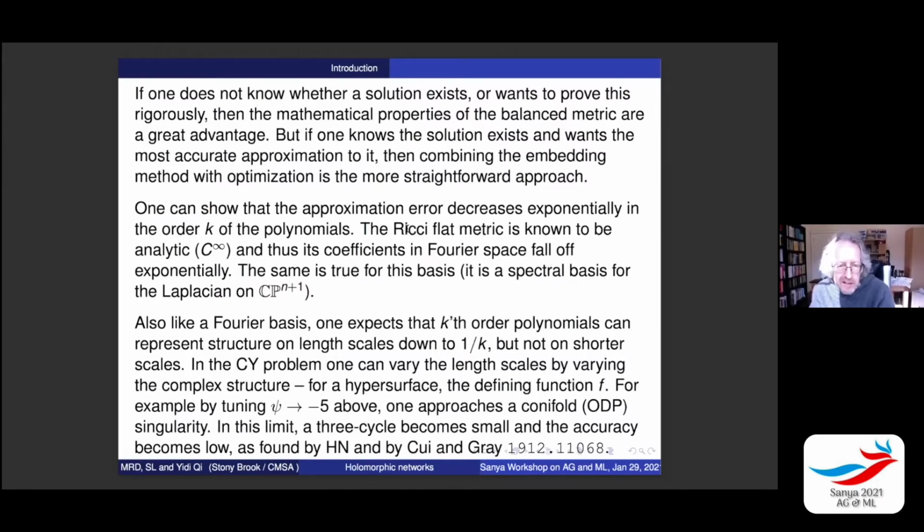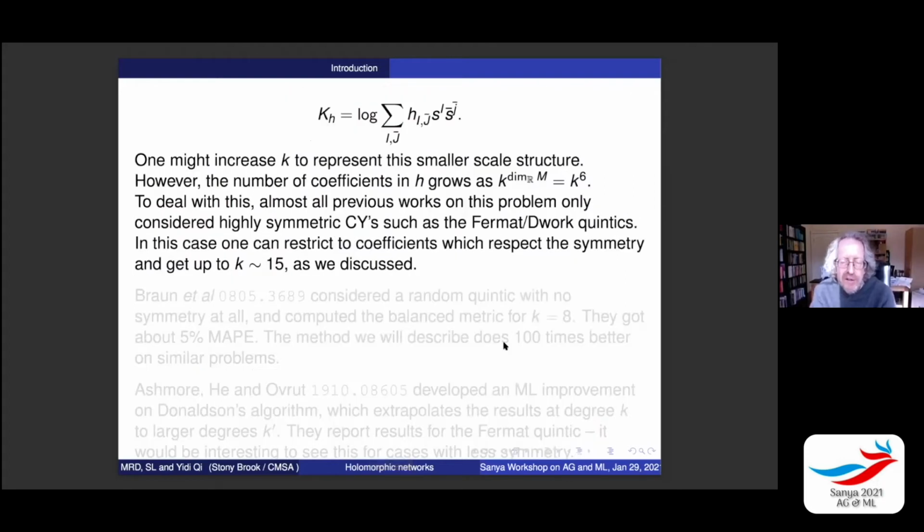So there's the bias and then the local structure of the error, and you can only represent functions with structure down to some given length scale. And of course, as I commented before, if you don't have symmetries, then all these approximations are going to have a number of coefficients that grows with the power very quickly.